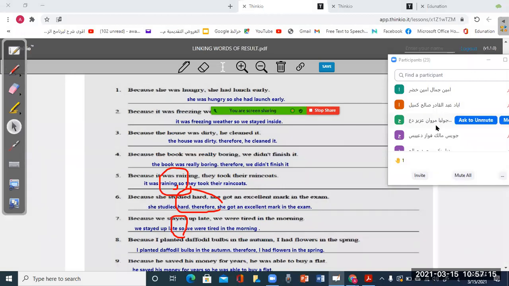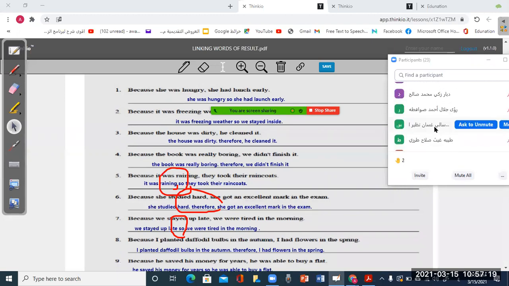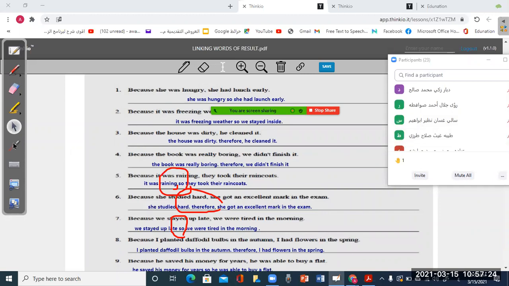Now, number 8 now. Can you? Tiba, number 8. Okay, go. Because I planted daffodil bulbs in the autumn, I had flowers in the spring.